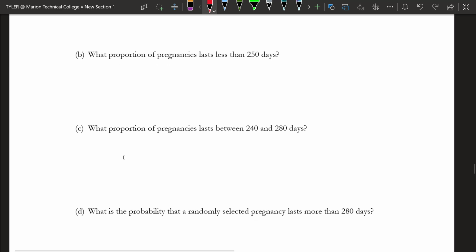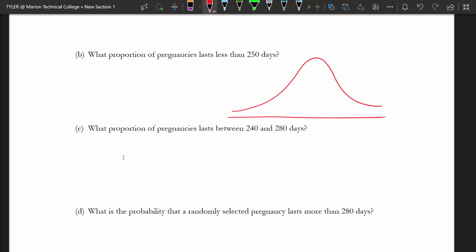Right, so the next one, what proportion of pregnancies last less than 250 days, right? So again, just start by drawing my normal curve, and the center is the mean, 266, so that gives me a reference point to know that 250 is going to be somewhere over here, and I'm looking for this area, right?